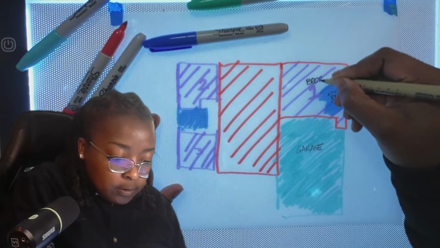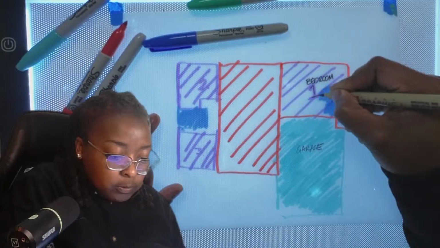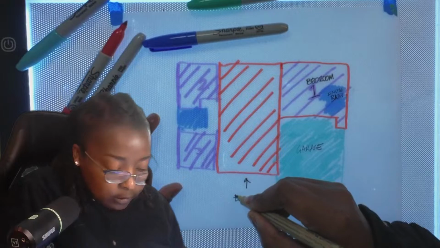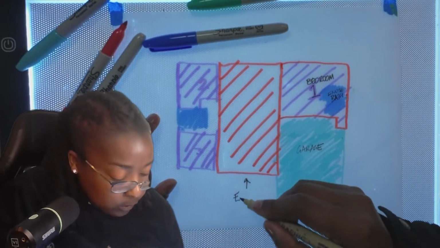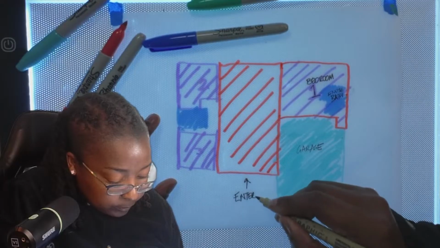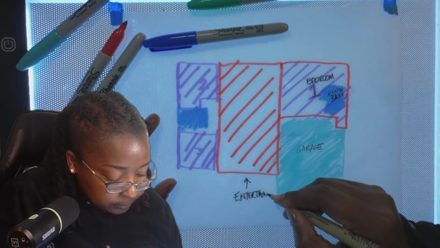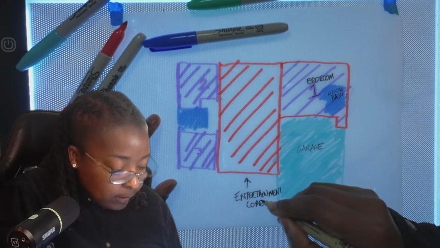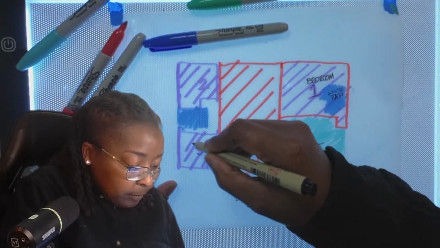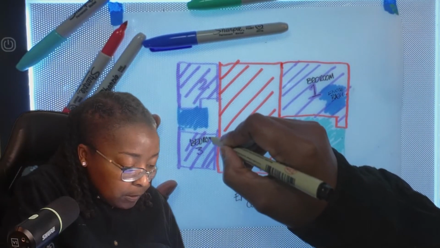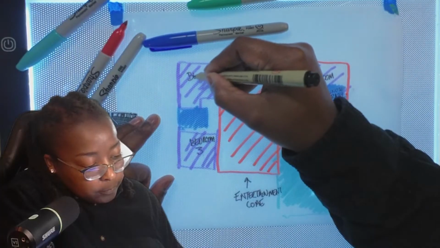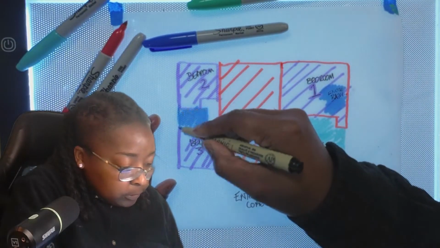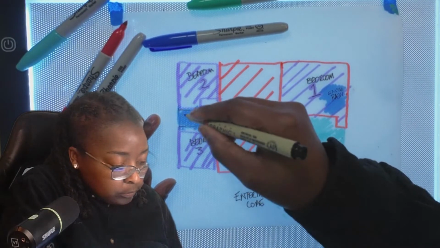Bedroom number 1. Then this was our entertainment core. Then this was bedroom number 3. And then bedroom number 2. And then this was our shared bath.